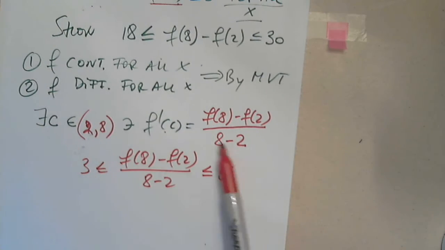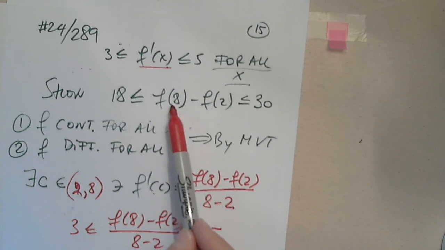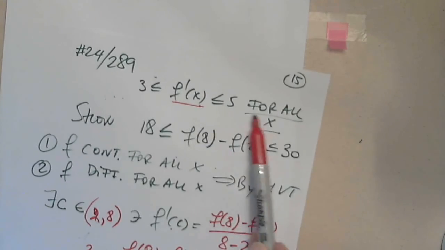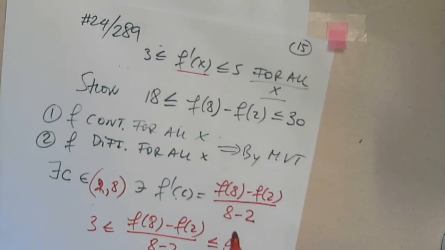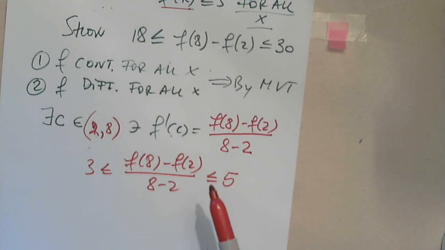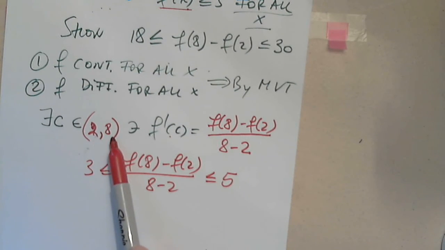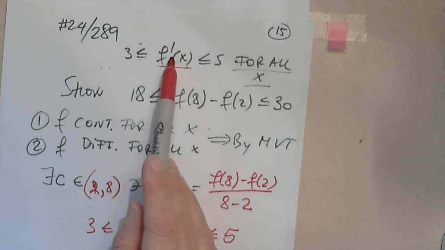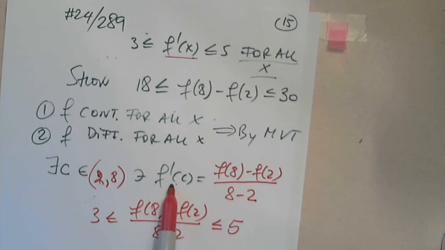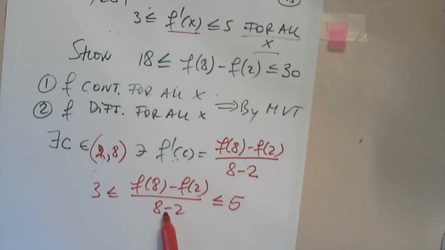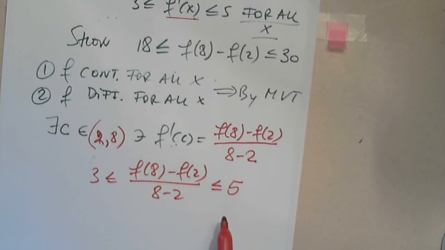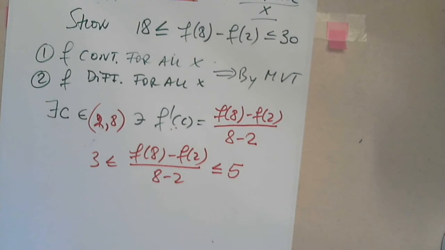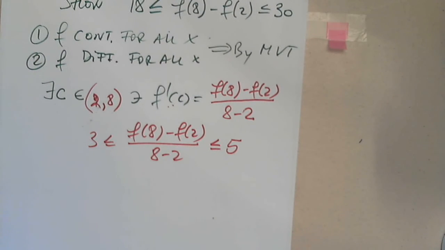So then, in order to have f of 8 minus f of 2, since it's for all x, I can choose exactly what I'm interested in between 2 and 8. So because f prime is between 3 and 5, then this f prime, which equals this, must be also between 3 and 5. And what do you think will be the next step? Anyone?